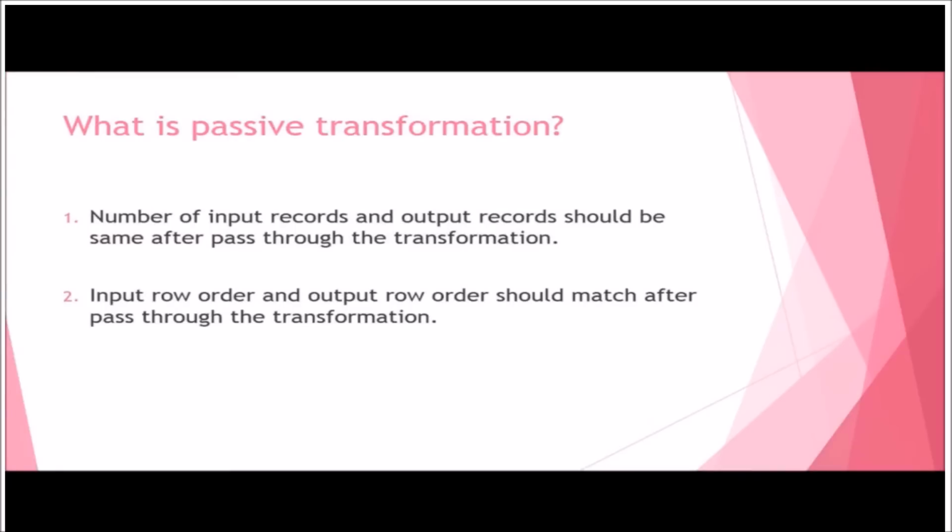A passive transformation is one which does not change the number of rows or the order of the rows when the records pass through it, which means the count of the input records and the count of the output records should be the same, and the row order of the input records and the output records should remain the same after passing through the passive transformation.